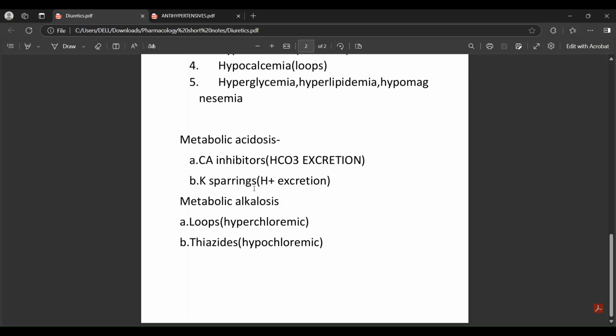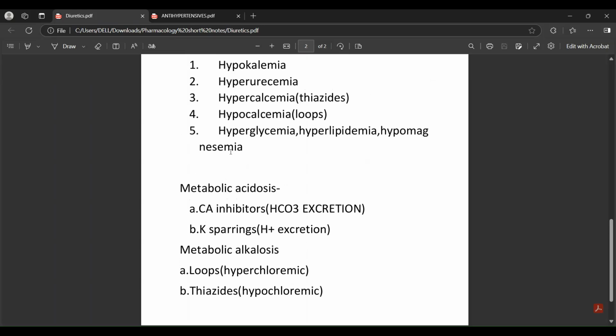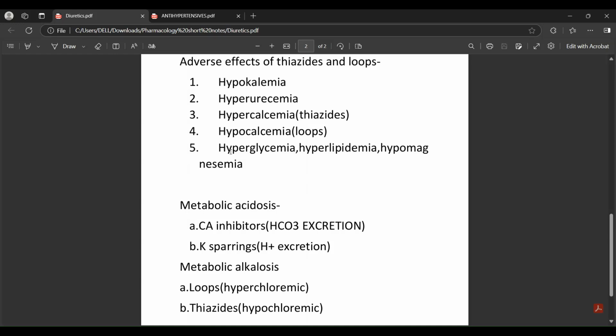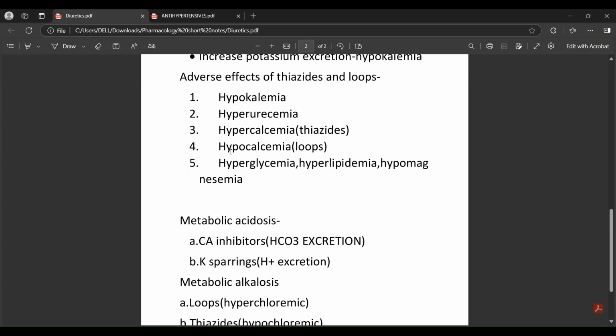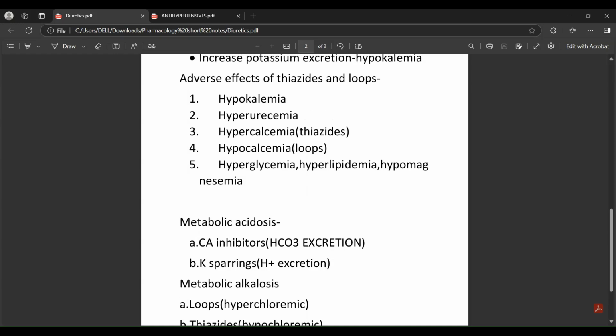And potassium sparings also cause metabolic acidosis, and metabolic alkalosis is caused by loops and thiazides. So if someone asks which diuretics cause metabolic acidosis, you could say it's carbonic anhydrase inhibitors and potassium sparings.